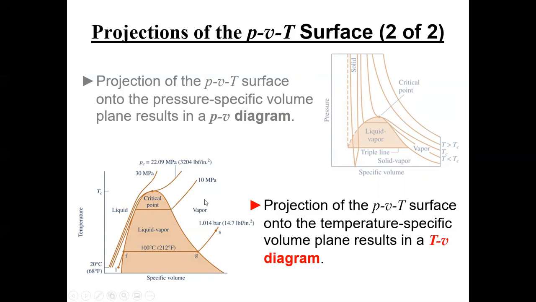Okay, and then you see this would be atmospheric pressure, 14.7 psi or 1.014 bar. And so that's constant pressure all along there. If we take some water at sea level pressure and start to heat it, and we maintain that pressure, it has to go up this line. At this point, it becomes saturated.